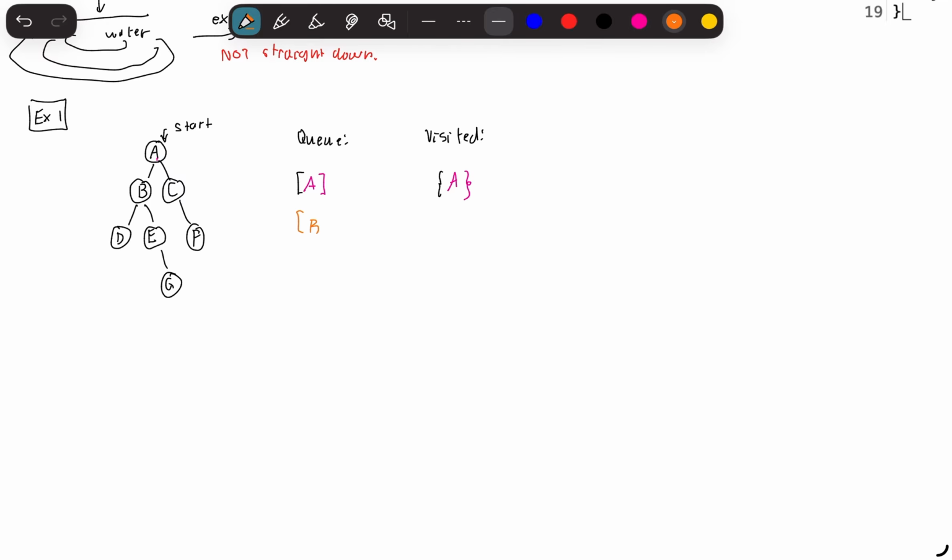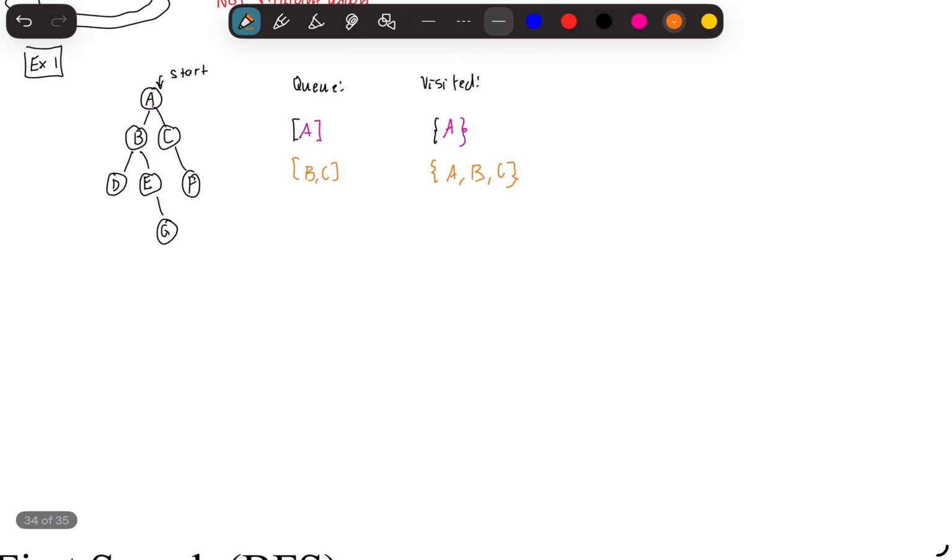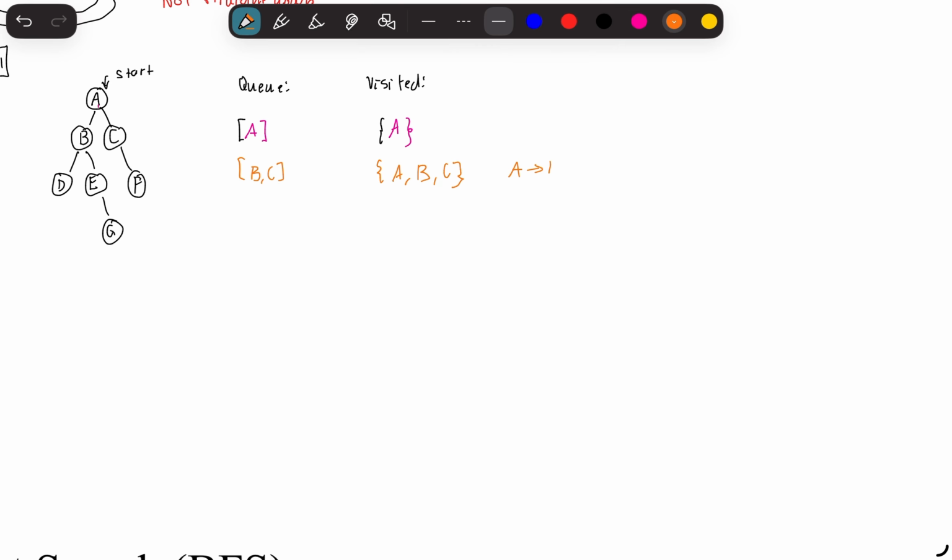So your queue is going to be B, C. And we're going to have visited A, B, C. So in your BFS tree, it's going to be A maps to B and A maps to C.